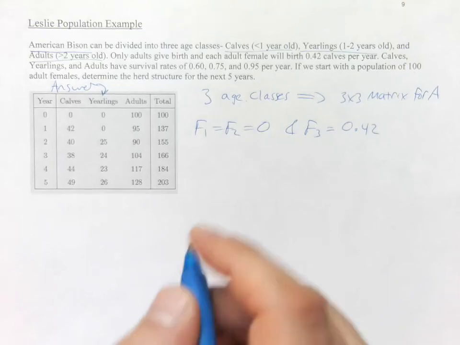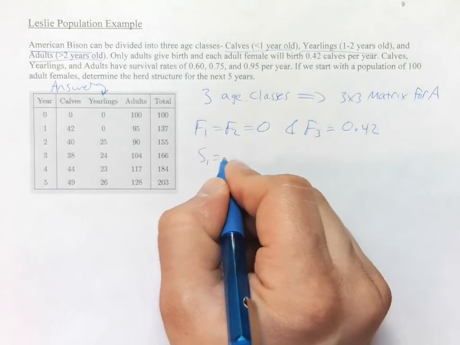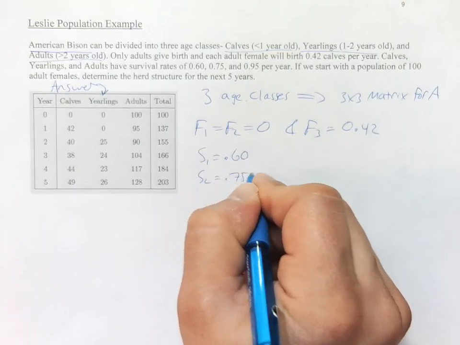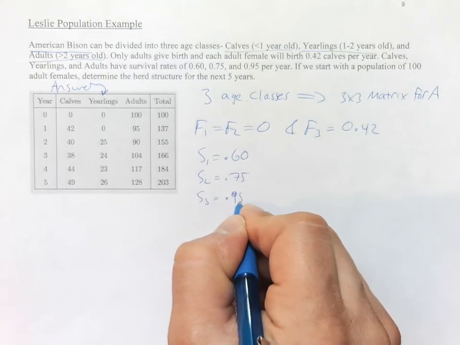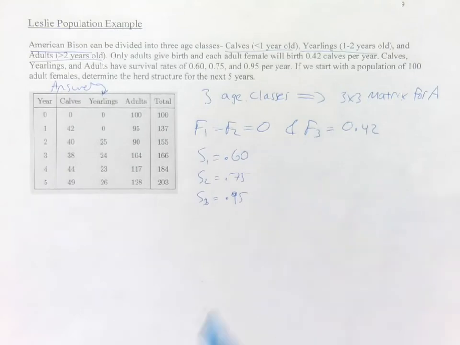And then the survival rates we're being told are 0.6, 0.75, and 0.95. So S1 is 0.6, S2 is 0.75, and S3 is 0.95. As bison get older, they're more likely to survive, which is typical in animals in general.